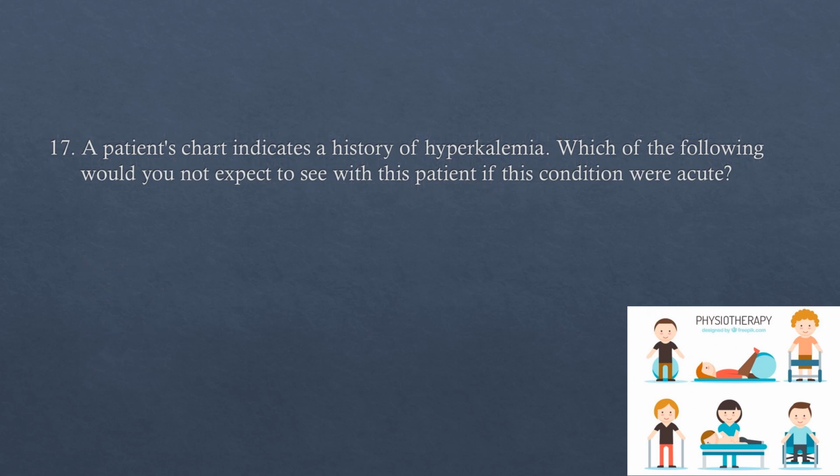Question number 17. A patient's chart indicates a history of hyperkalemia. Which of the following would you not expect to see with this patient if this condition were acute? A. Decreased HR. B. Paresthesias. C. Muscle weakness of the extremities.